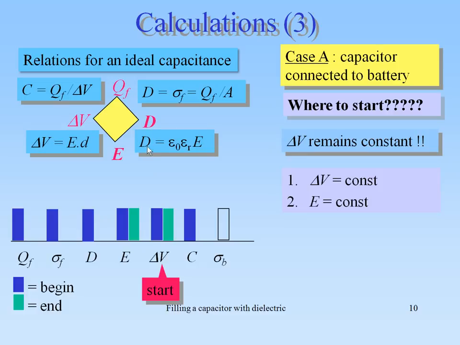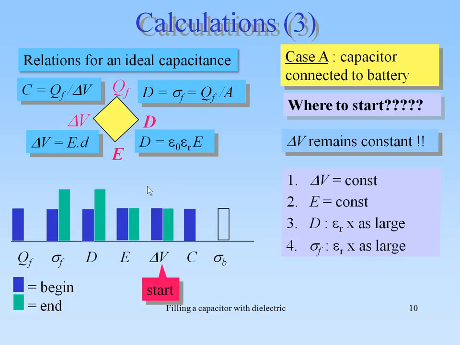The relation between D and E means that when now there is an epsilon r larger than 1, the D will increase. D will be epsilon r times as large. Of course, the same holds for the sigma because of this relation, the charge density. And then it will hold for the charge itself, Q free.